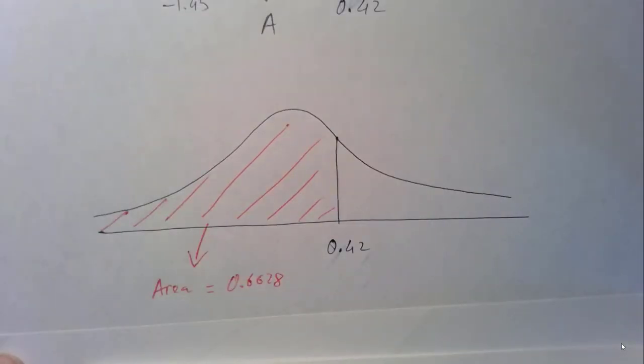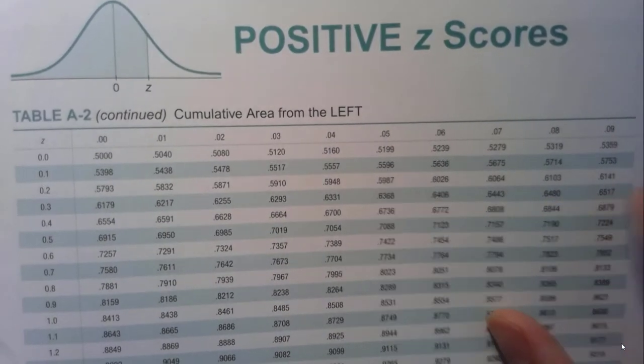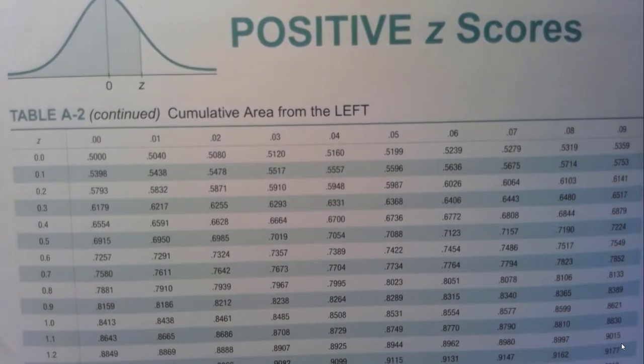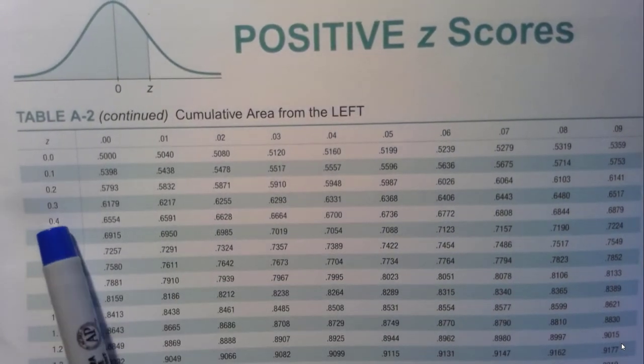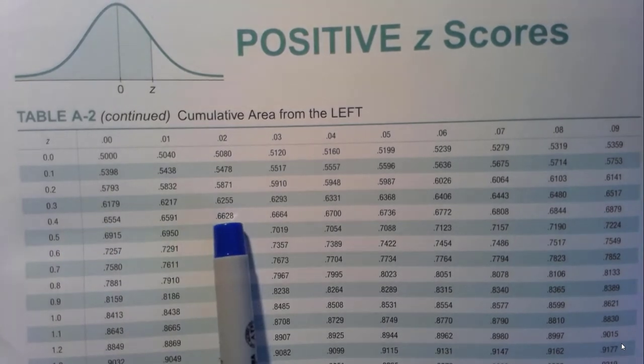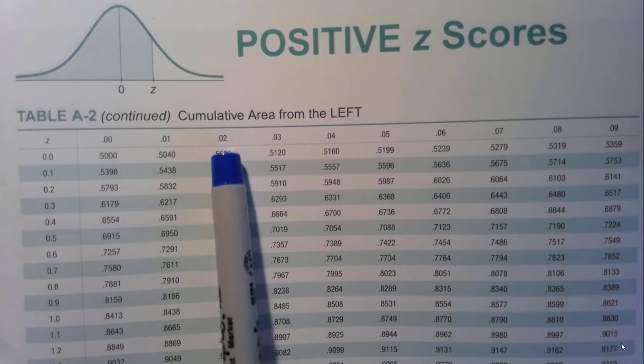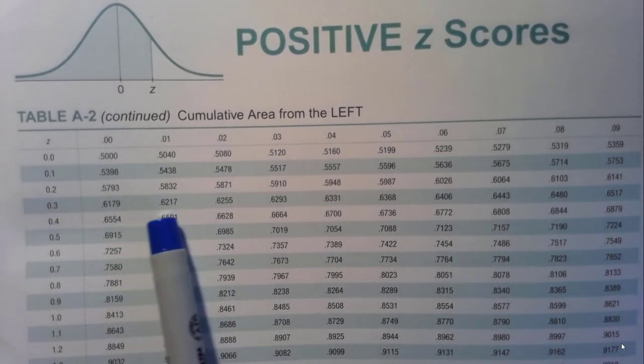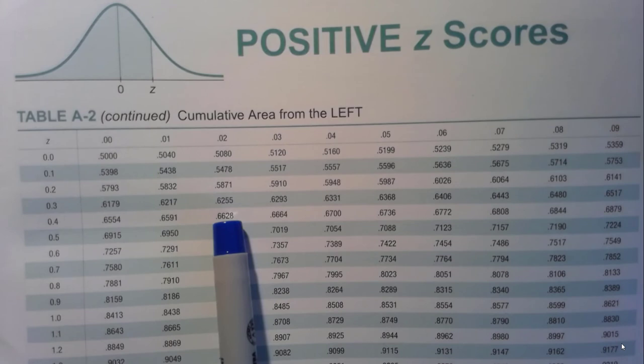We are looking for 0.42. This is 0.4, right here. Now we need another 0.02 to get 0.42, so that should be this value right here, because 0.02 plus 0.4 gives me 0.42. The number inside the body of the table gives you the area to the left of that z-score. So we get 0.6628.